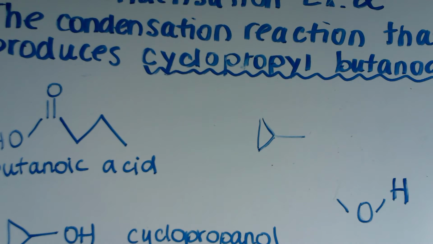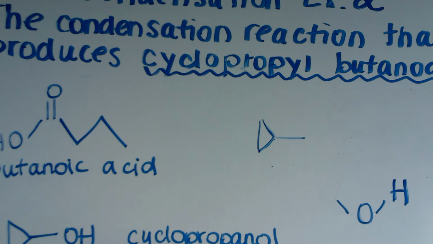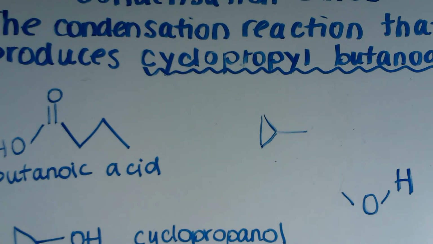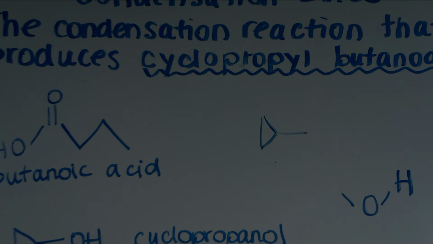So there we have it, our two reactants that came together to produce the product cyclopropyl butanoate: our butanoic acid, our carboxylic acid, and cyclopropanol.